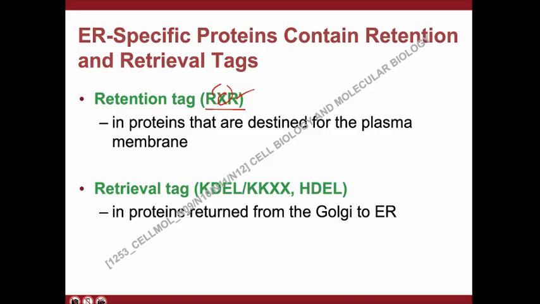And these tags are usually short C-terminal amino acid sequences like KDEL kanina or KKXX, lysine, lysine, with XX being any kind of amino acid. This can be found in mammals, KDEL or KKXX, while HDEL, histidine, aspartate, glutamate, leucine, is found in yeast, okay? And these are used again for those returning from the Golgi to your endoplasmic reticulum.